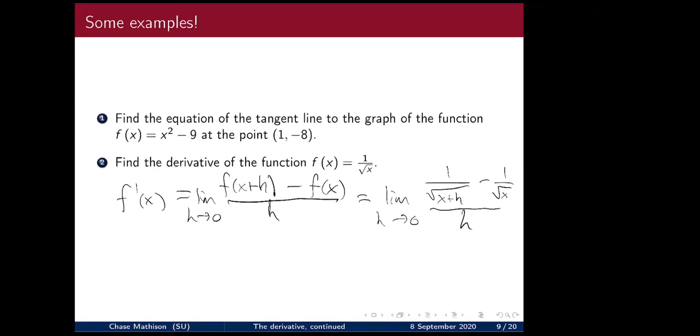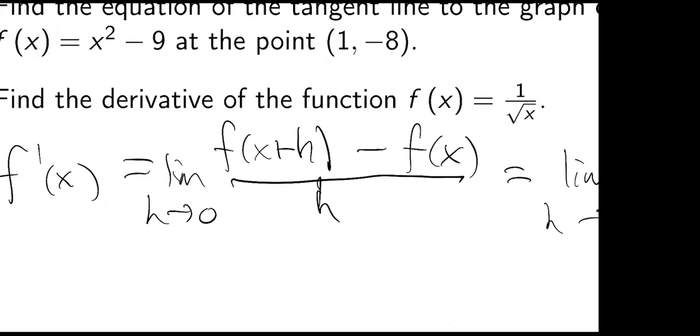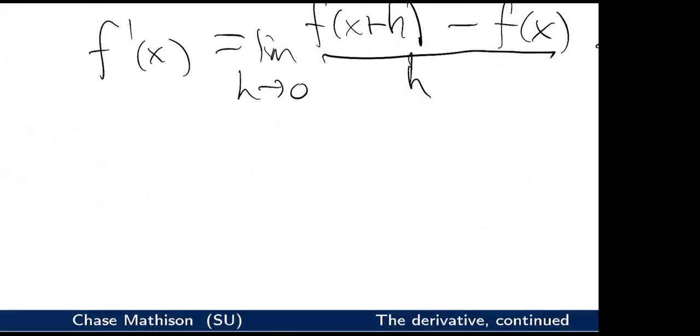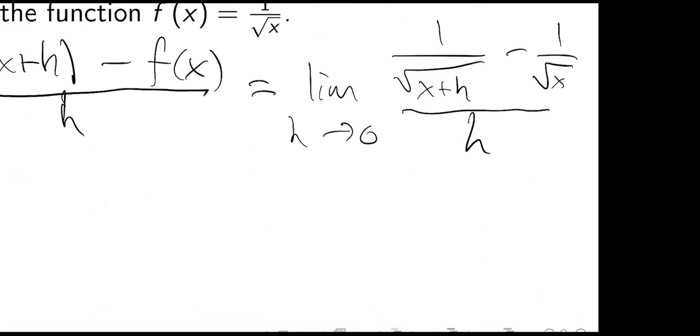So that's just me plugging in what is f of x plus h, what is f of x, take a difference, and then divide. Zoom in. All right, so then we're looking at the limit as h approaches 0 then. What should I do here?